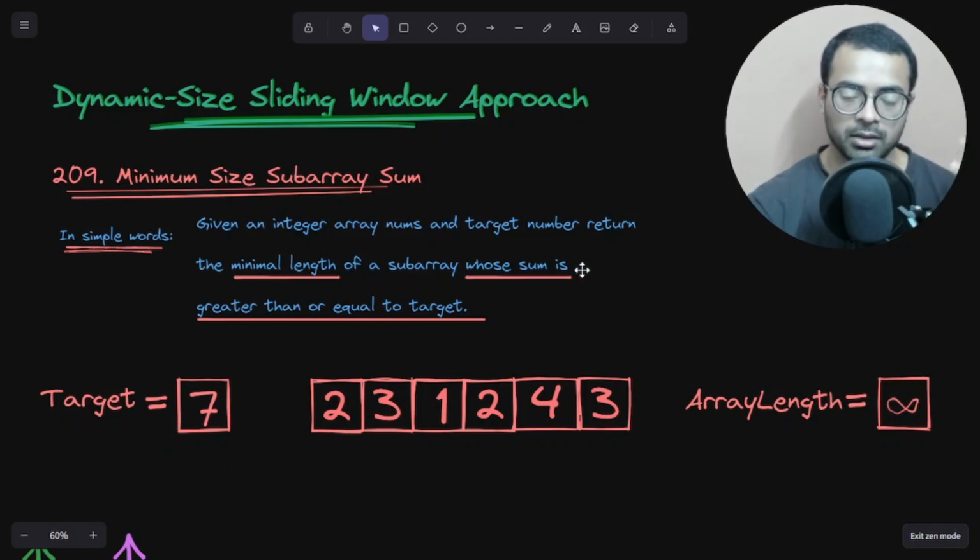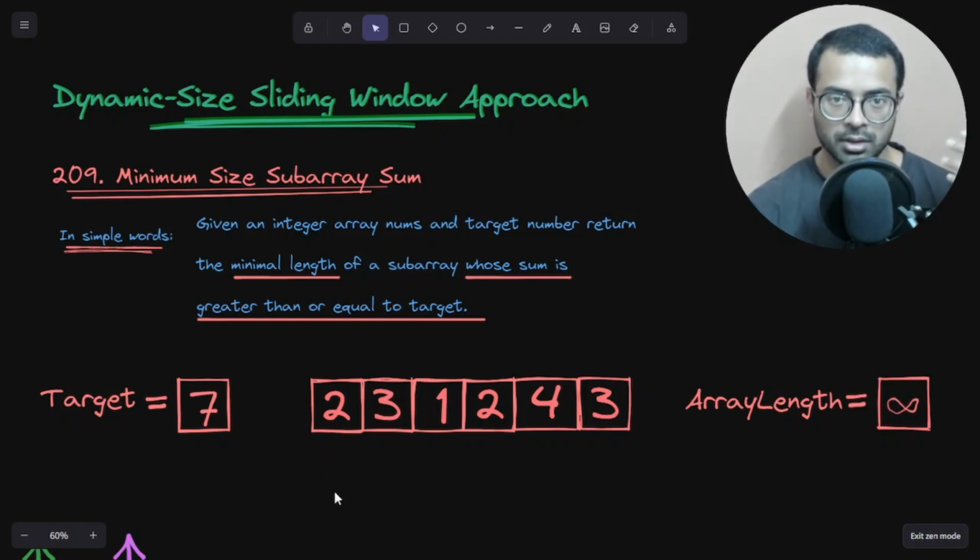And what we need to do is return the minimal length of a subarray. It means there will be subarrays, and we have to return the shortest subarray whose sum is greater than or equal to the target, so whose sum is either equal to 7 or greater than that. Okay, very simple. Cool.